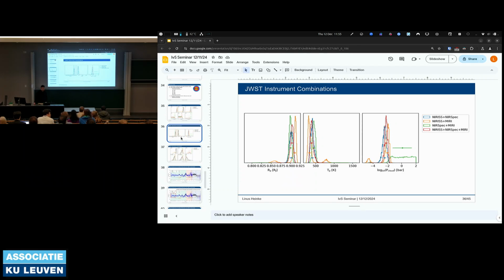Any more questions? Lenny? You mentioned that you do a 1D retrieval, so you assume one temperature for the whole atmosphere? Okay.